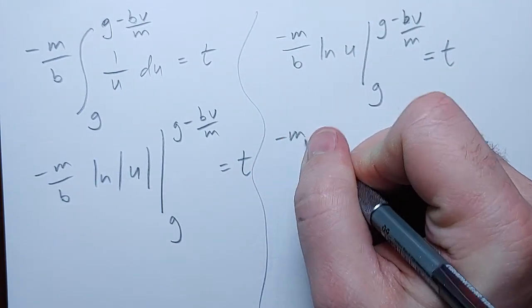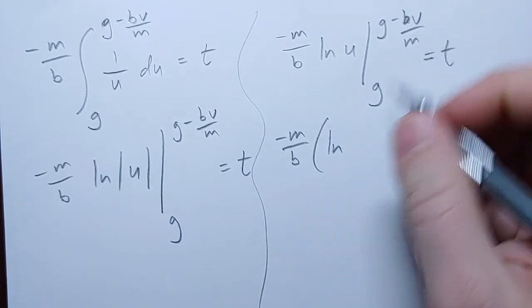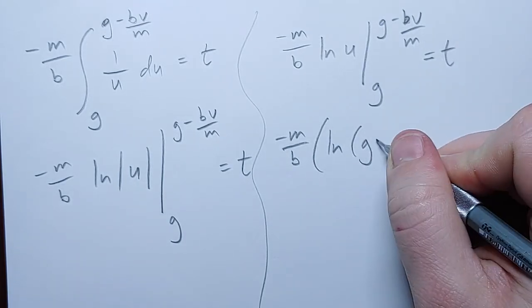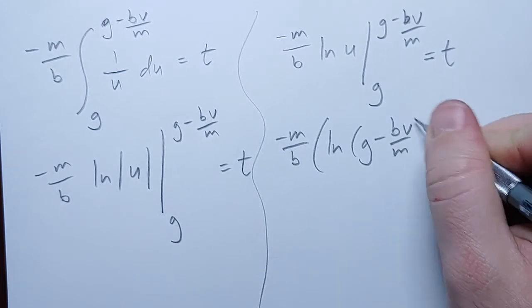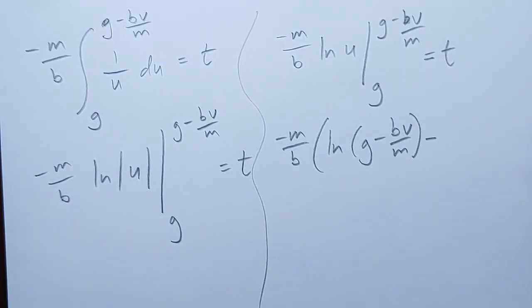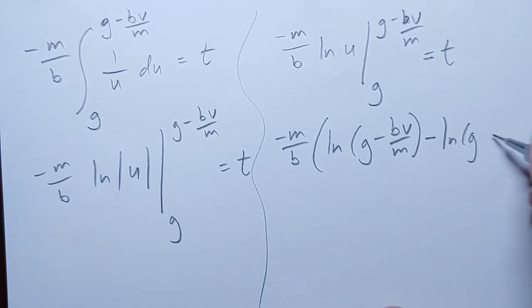So we're going to have negative m over b times the natural log of my upper limit, g minus bv over m, minus the natural log of g, equals t. And then you pick your favorite mathematical method to deal with this.